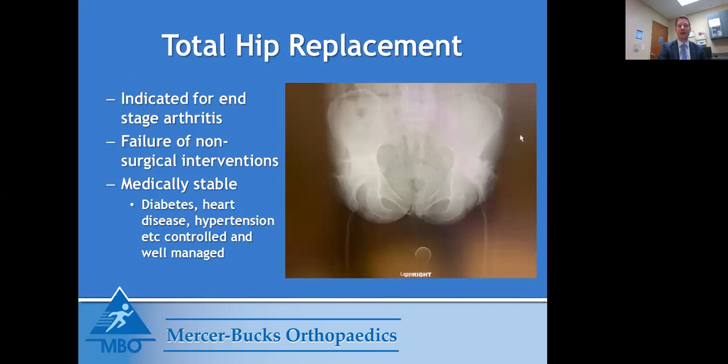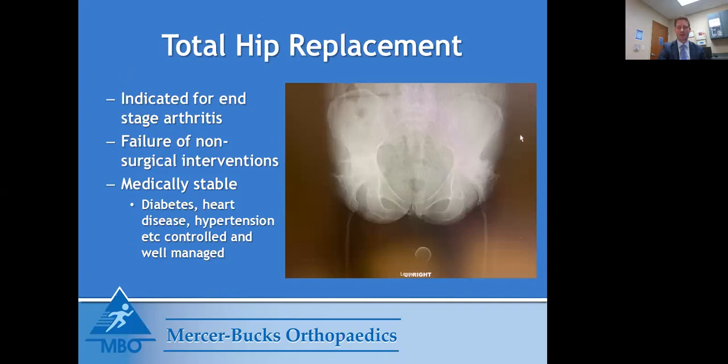So again, it's indicated for end-stage arthritis and failure of non-surgical interventions, and the patient should be relatively healthy with stable medical conditions. That doesn't mean patients have to be without medical problems, but things like diabetes, heart disease, and hypertension should be well controlled and well managed, with close follow-up with their primary physician.